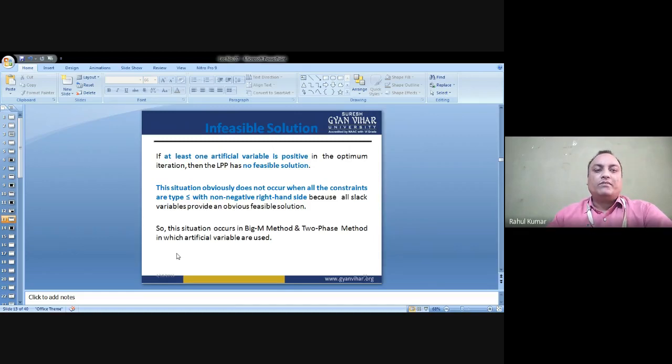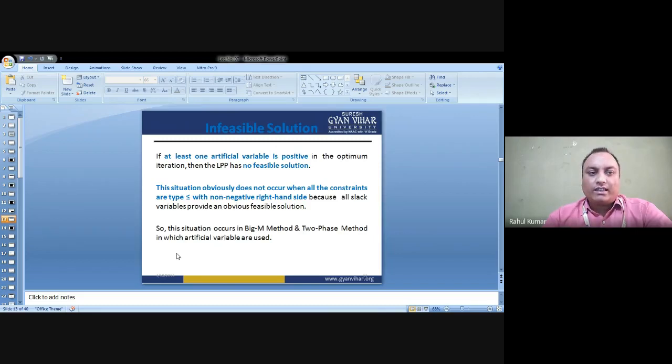This situation obviously does not occur when all the constraints are of type less than or equal to with non-negative right-hand side, because all slack variables provide an obvious feasible solution.